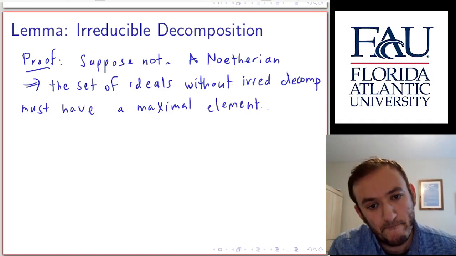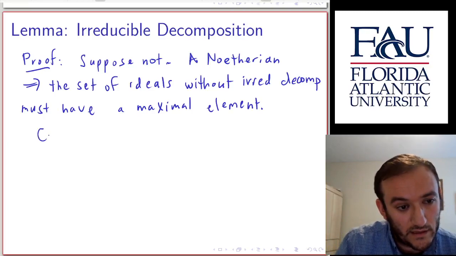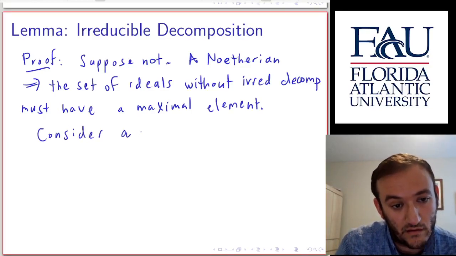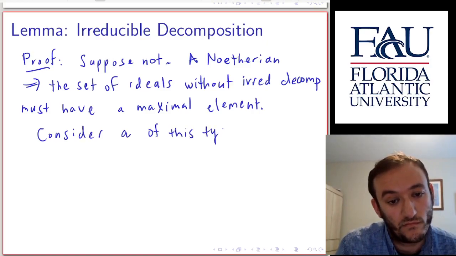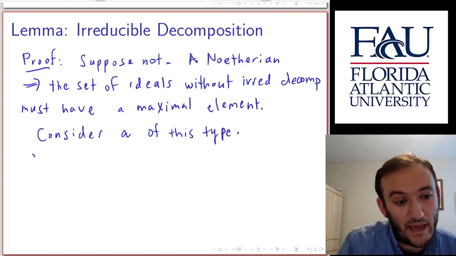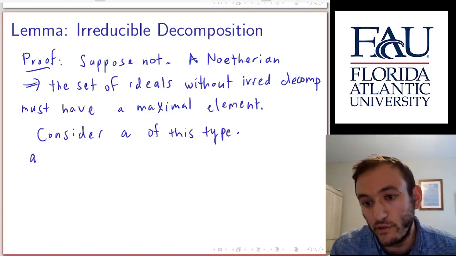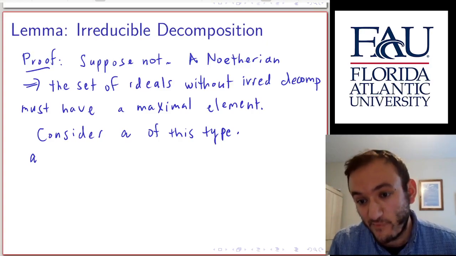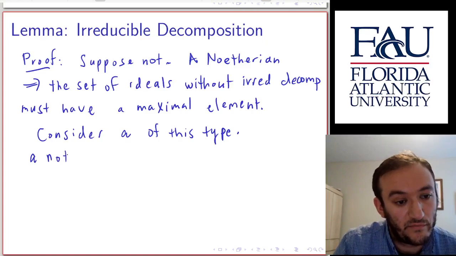Consider an ideal A of this type, maximal in this way. A can't be irreducible, because if it were, it would be written as a finite intersection of just itself. So A is not irreducible.